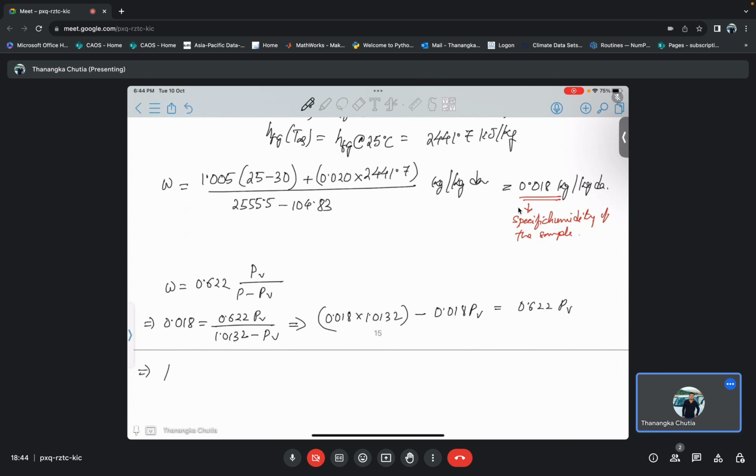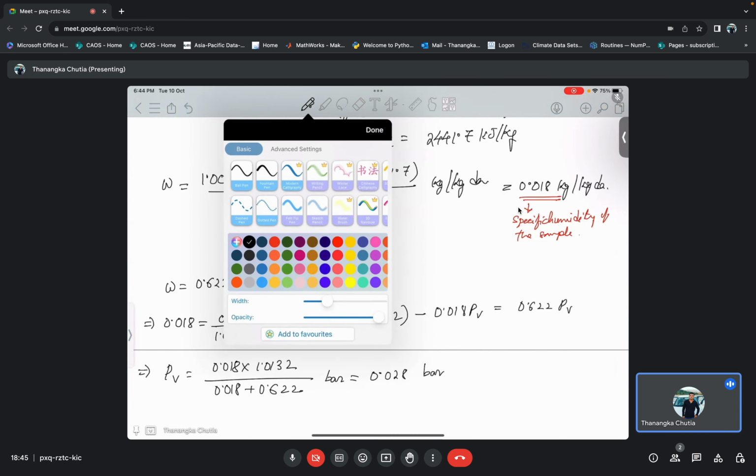So PV is nothing but 0.018 into 1.0132 divided by 0.018 plus 0.622 bar. So this is 0.028 bar.